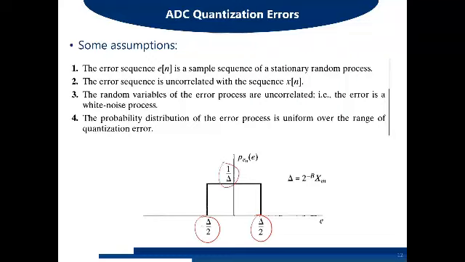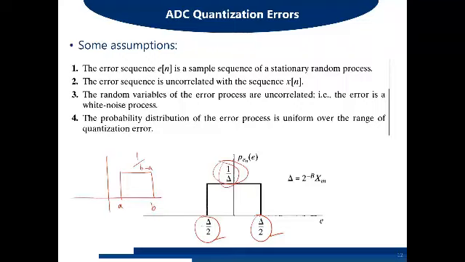In general, if you draw a uniform PDF in an interval a to b, the height of this PDF will be 1 over b minus a. So if you replace a and b with these values, you get the maximum value of this uniform PDF as 1 over delta. So this is basically the model of this quantization error.